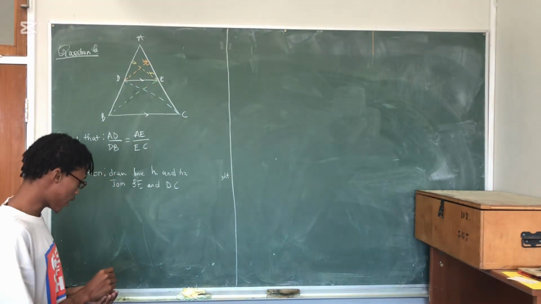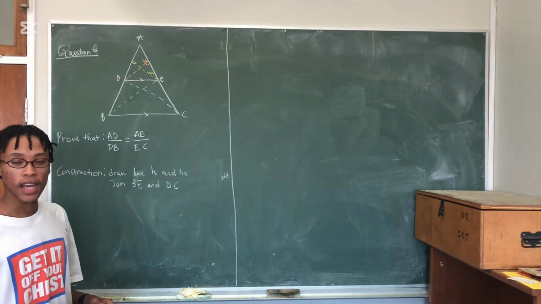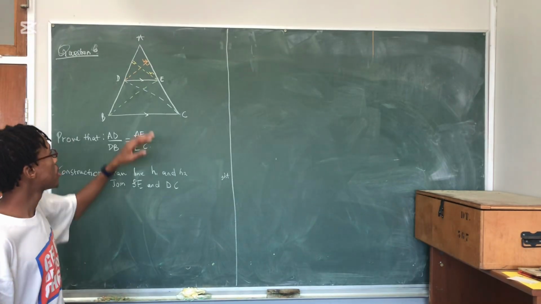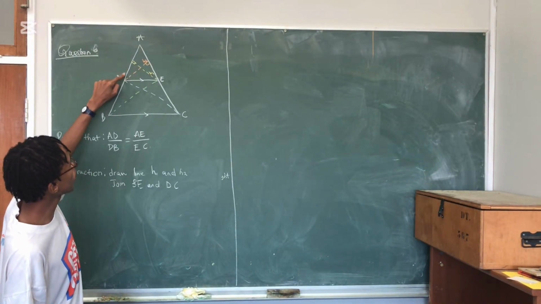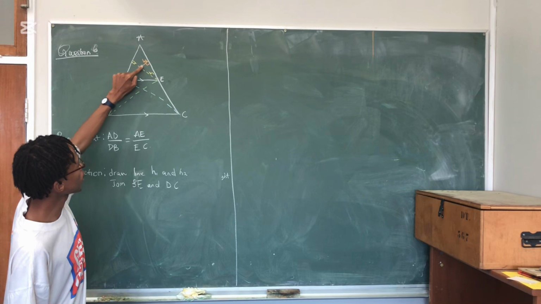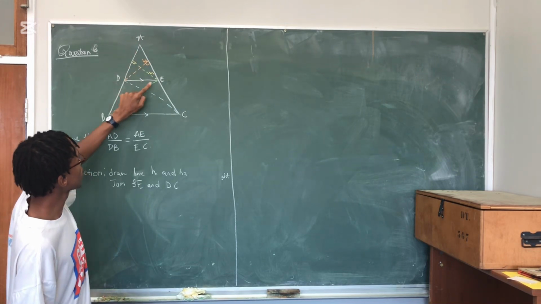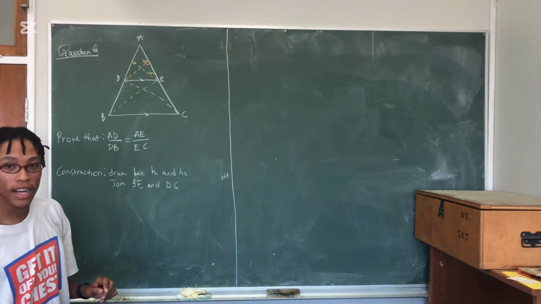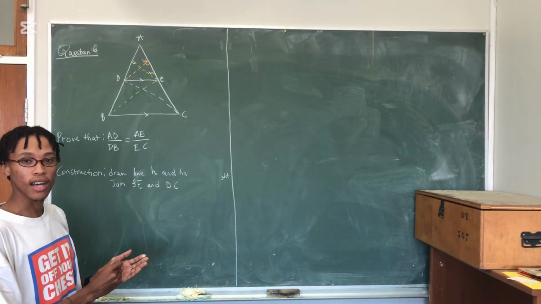CDE. Remember, we did say some triangles have the heights within, such as these two. This triangle has the height within, or this triangle has the height within. Some triangles, we have to draw the height outside.